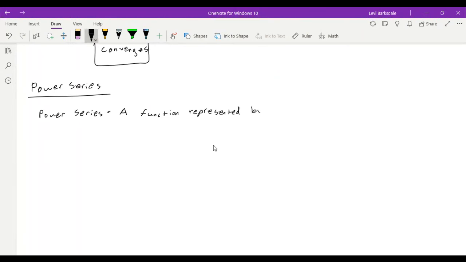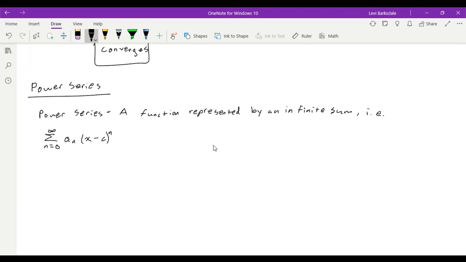It is a bit more complicated than that, but it would look something like this. Some sequence multiplied by some little function of x.